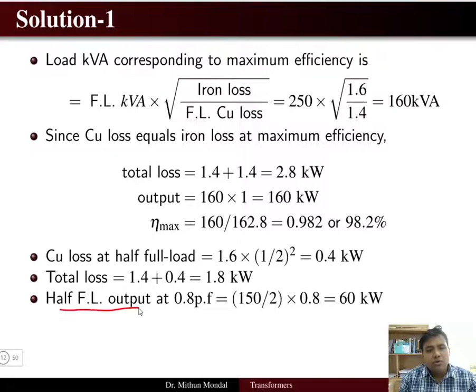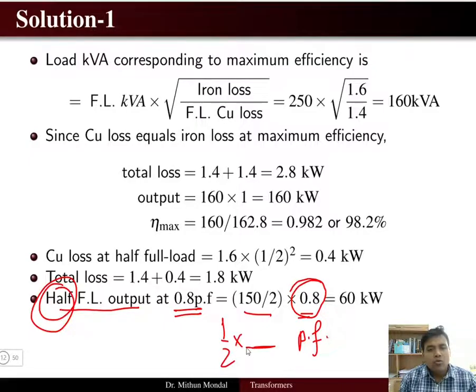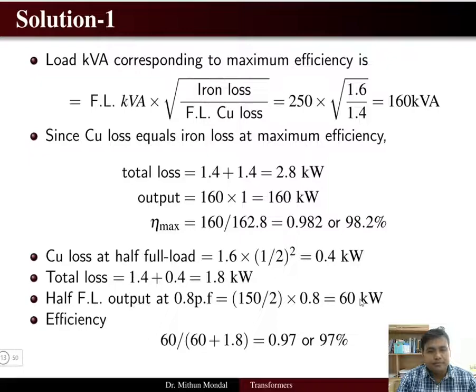The half full load output at 0.8 power factor is 150 by 2 into 0.8, where 0.8 is the power factor. So it is half multiplied by the kVA rating of the transformer, which is 150, and you get 60 kilowatt as the half full load output at 0.8 power factor.